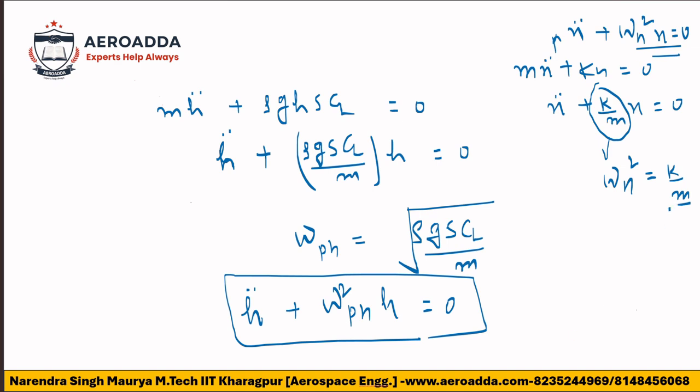You can compare and write. So the main idea is what you have written here, omega PH. This omega PH is called phugoid, long period oscillation, also called phugoid.